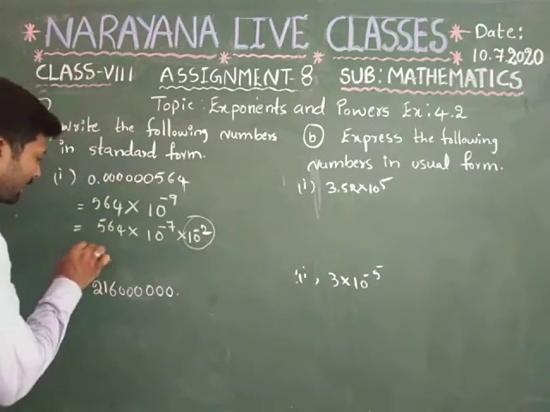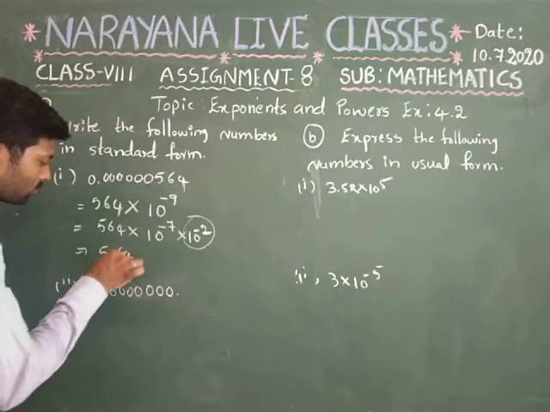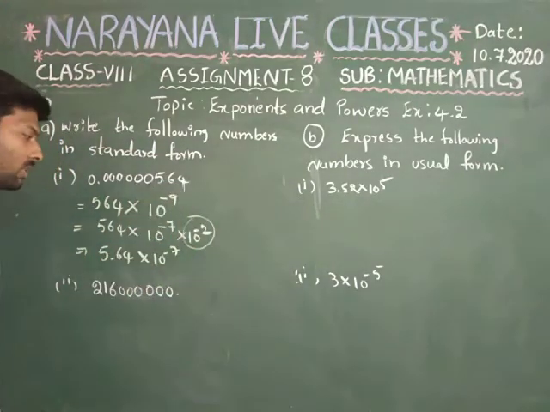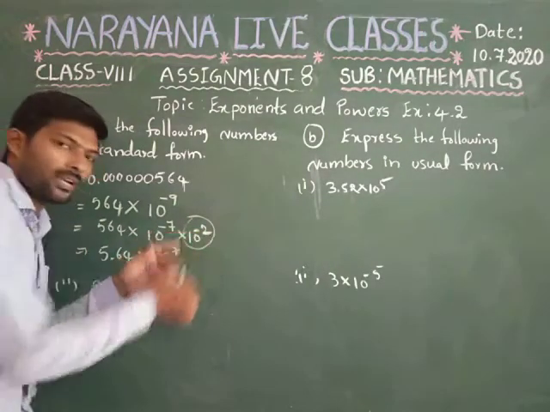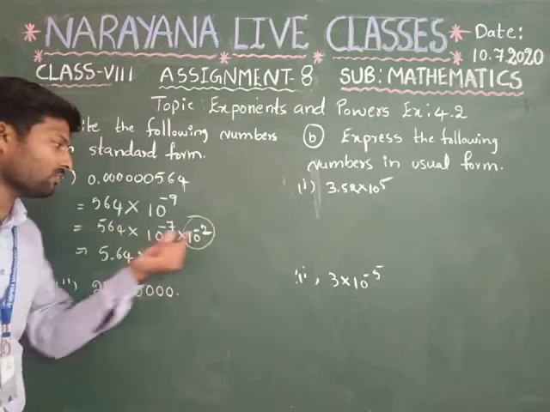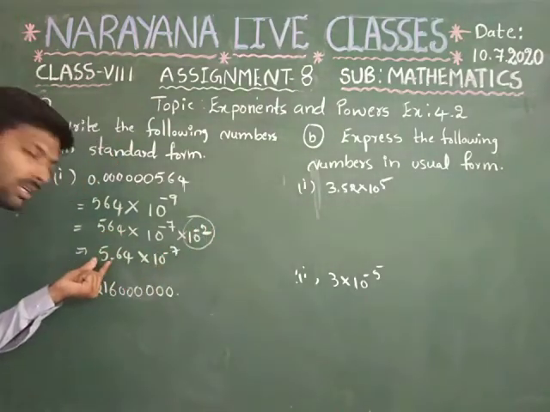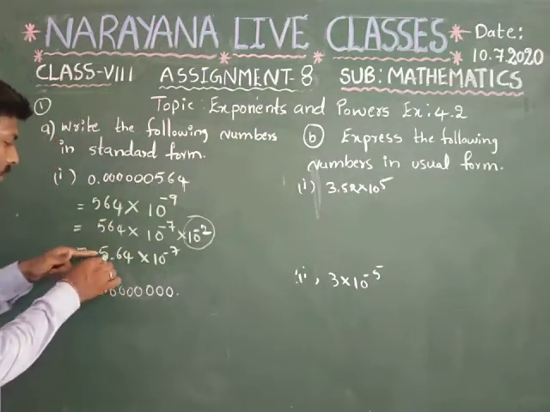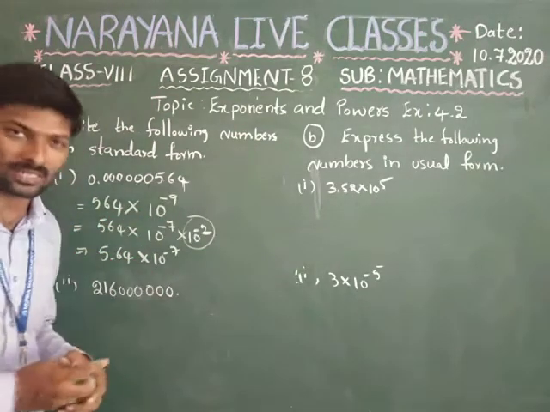So I can write 5.64 into 10 power minus 7. If it is 10 power minus 3, we put the decimal point before 3 digits. So the standard form is 5.64 into 10 power minus 7.